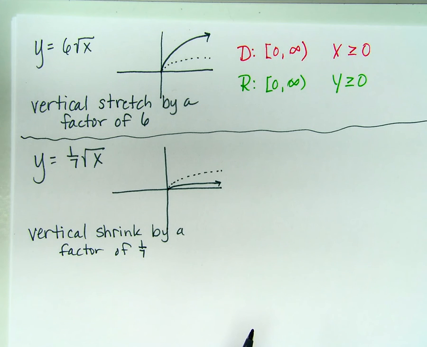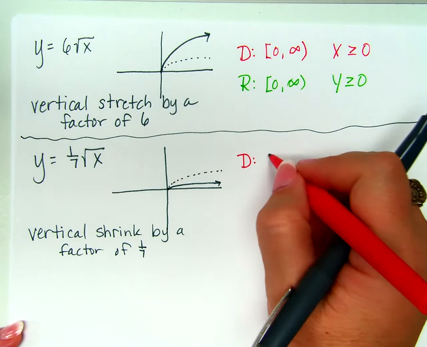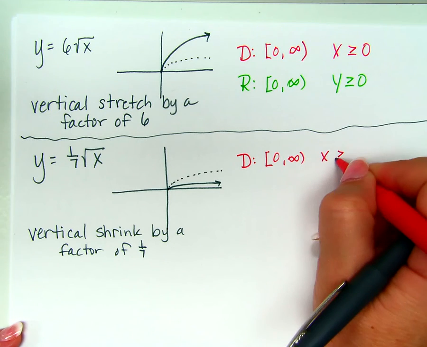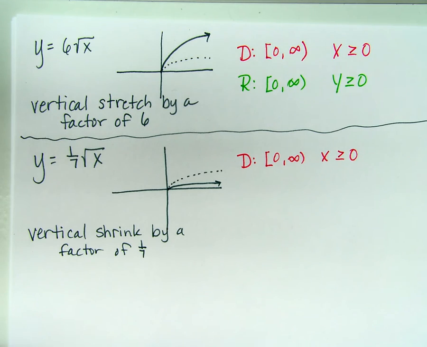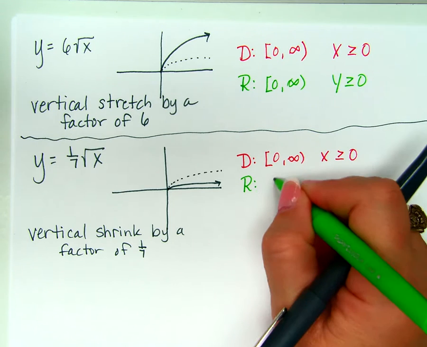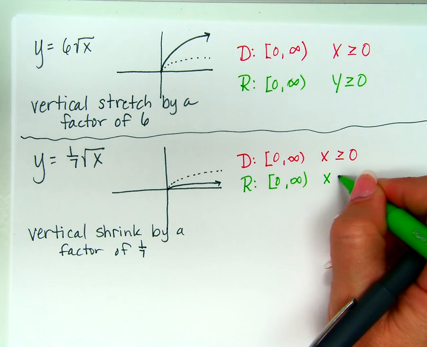Yeah? Okay. So what is its new domain? 0 to infinity, or x is greater than or equal to 0. What about the range? 0 to infinity. So that domain and range didn't change either?